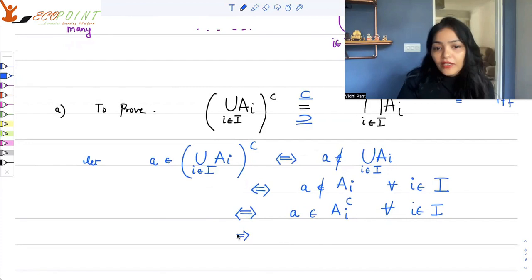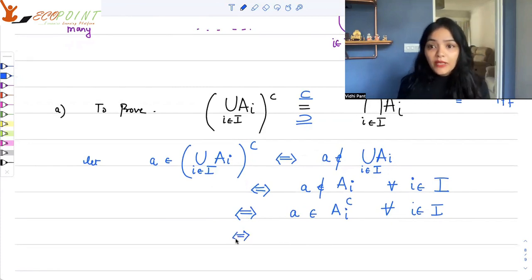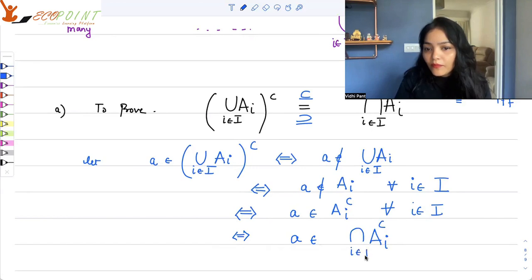Now, if a is in the complement for every set, that essentially means that it is in the intersection of all those sets, because it is happening for every i in this index.